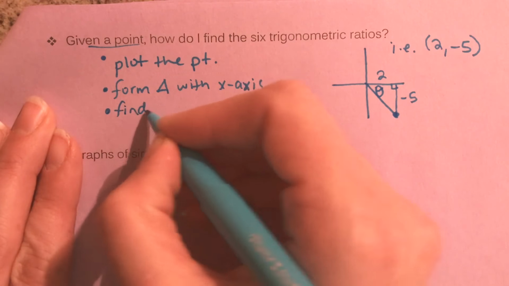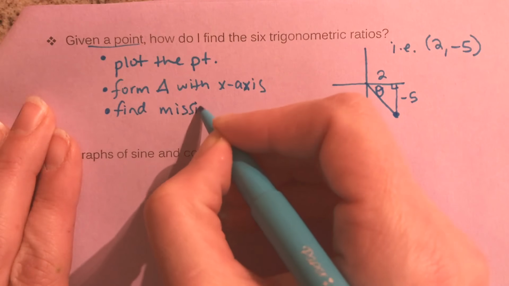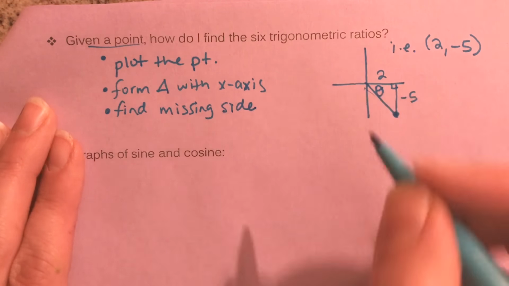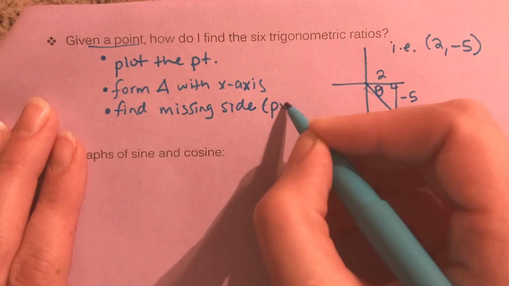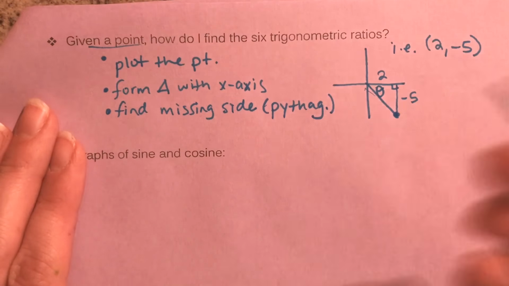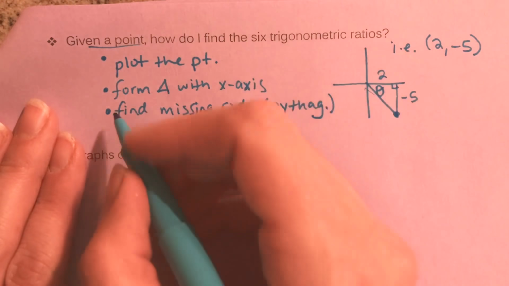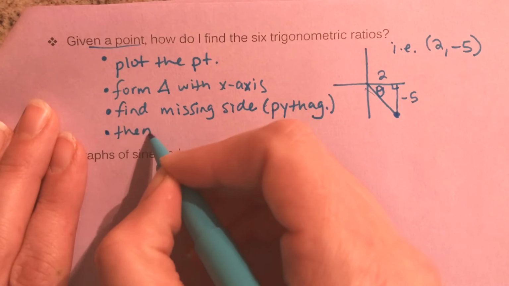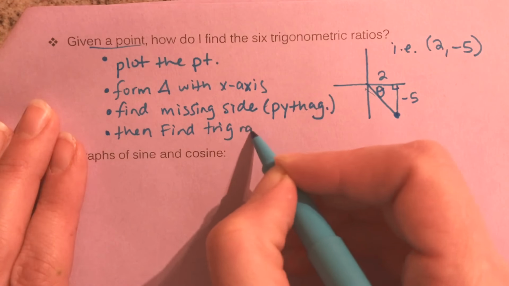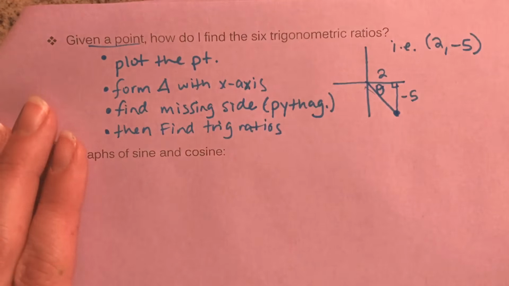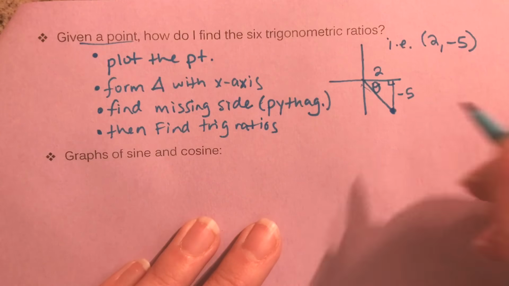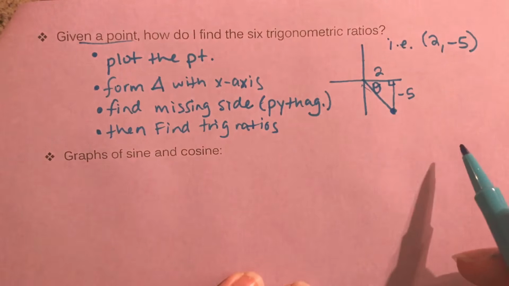So find the missing side, which is here, the hypotenuse, with the Pythagorean theorem. And then from there you can find the ratios. So you can use SOHCAHTOA, and then remember that cosecant, secant, and cotangent are just going to be the flip of those.